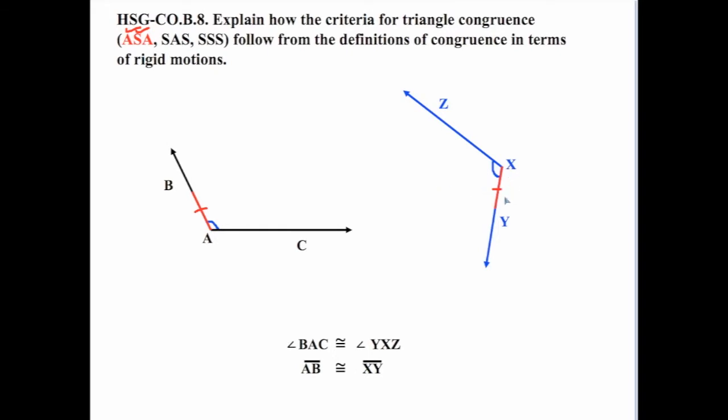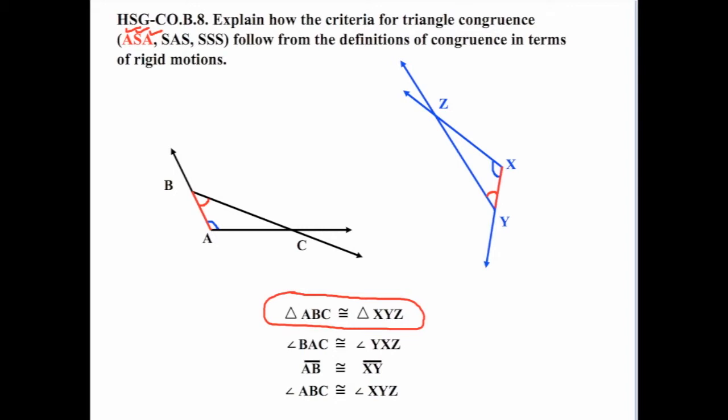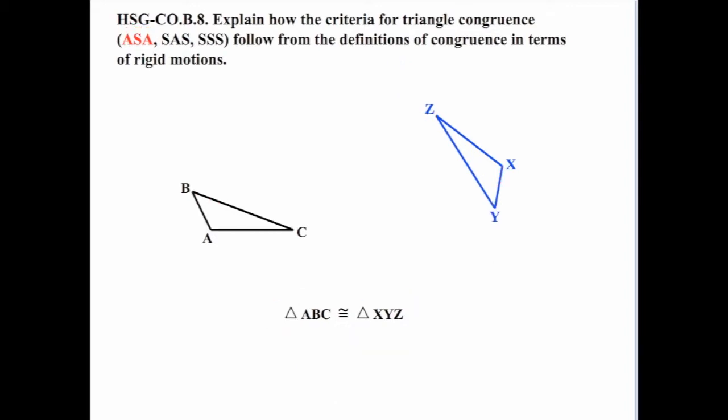Then on ray XY, I would mark off the same size segment. So these two segments would have the same measure. And then from endpoint B, we would construct an angle that's a certain size. And then from endpoint Y, we would construct the same size angle. So based on the angle-side-angle, these two triangles should be congruent.